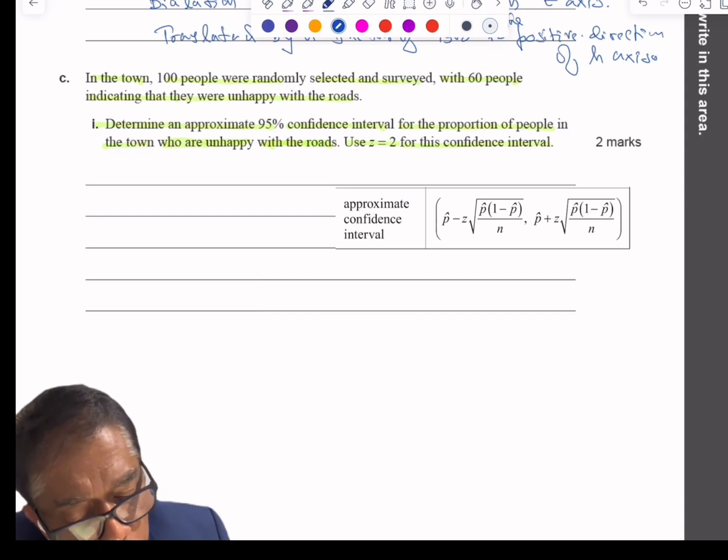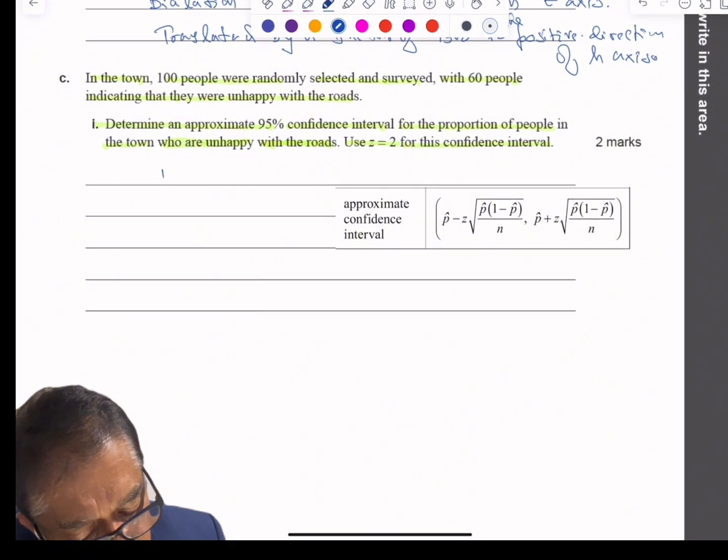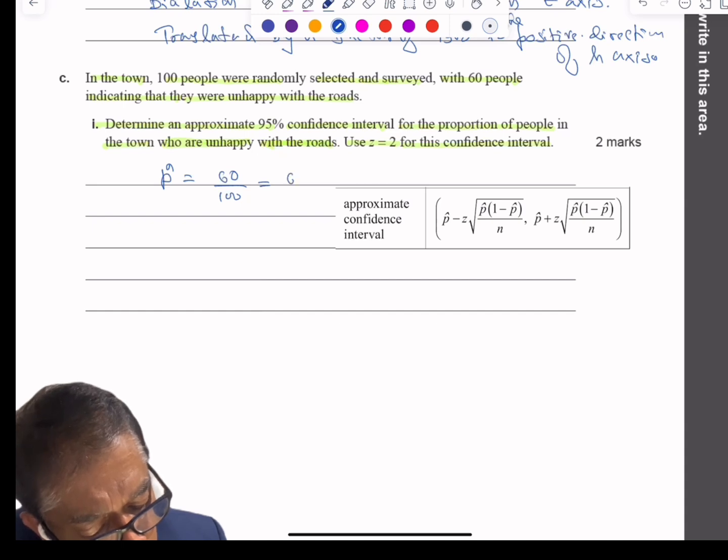What is the sample proportion of this question? P hat is equal to 60 over 100, or 6 over 10, or 3 over 5.